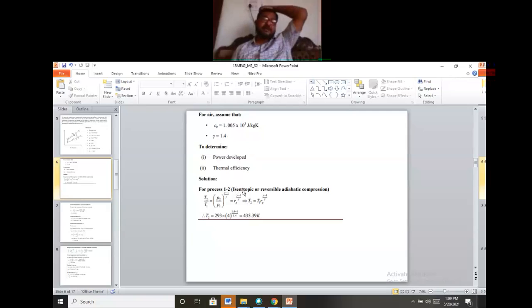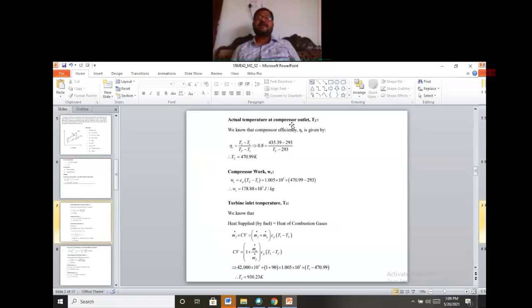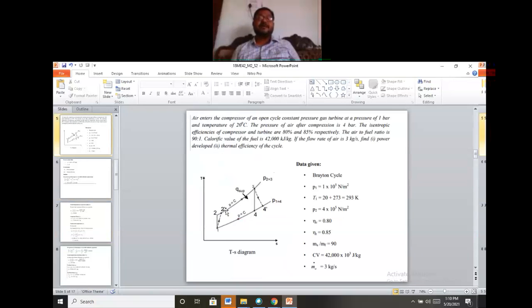For the solution, process 1 to 2 is the isentropic, reversible adiabatic compression process. From the T2 by T1 equation you will get T2 equal to 435.39 Kelvin. Actual temperature at the compressor outlet T2 dash: we know the compressor efficiency is always T2 minus T1 divided by T2 dash minus T1.